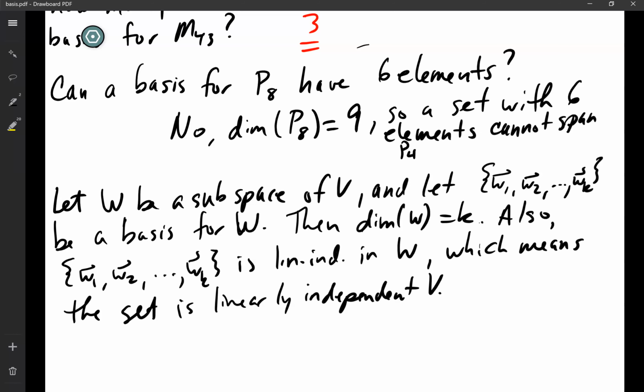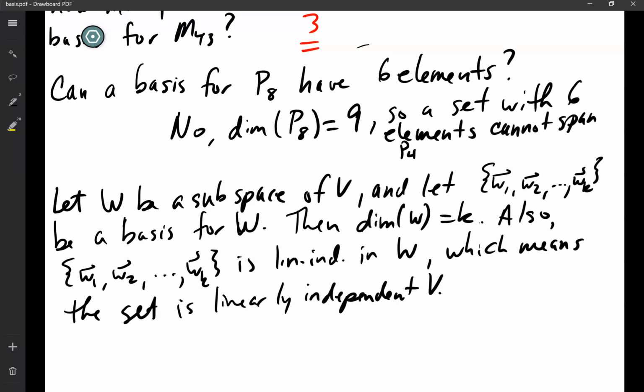Certainly the vectors in W are also vectors in V, so if this is linearly independent in W, if it weren't linearly independent in V, then it wouldn't be linearly independent in W, because the zero vector of V is also the zero vector of W, so I would have the same issue if I had a linear combination that gave me the zero vector.